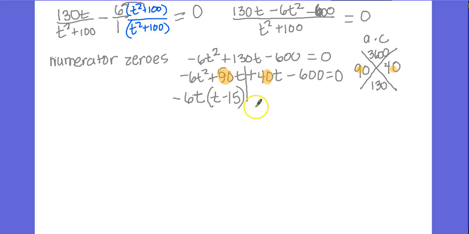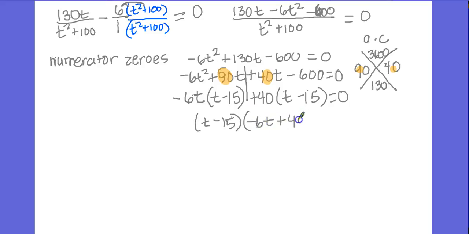And then over here, I'm going to factor out a 40, and that's also t minus 15, because 40 times negative 15 is negative 600. So my common binomial factor is t minus 15, and my other binomial factor is negative 6t plus 40, equals 0. I'm almost done with my numerator zeros.